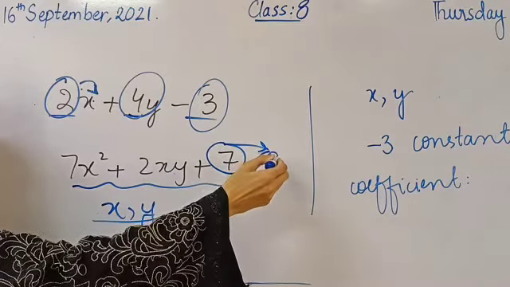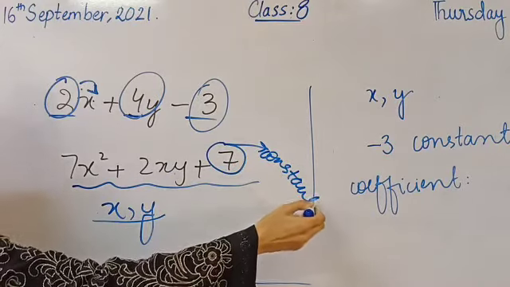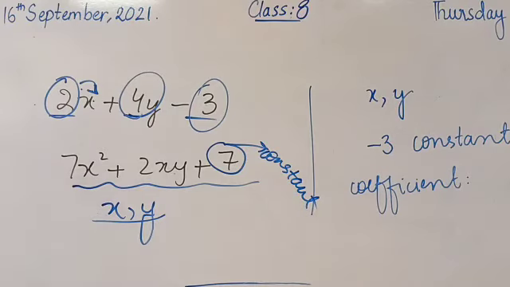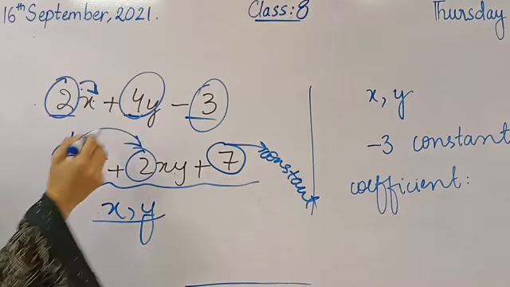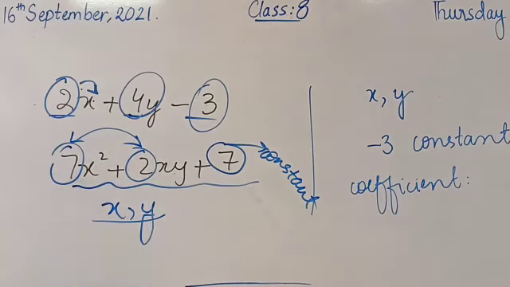So this is the constant. What are the coefficients? 7 and 2 are the coefficients. What is the coefficient of x square? 7. And what is the coefficient of xy? 2. Good.